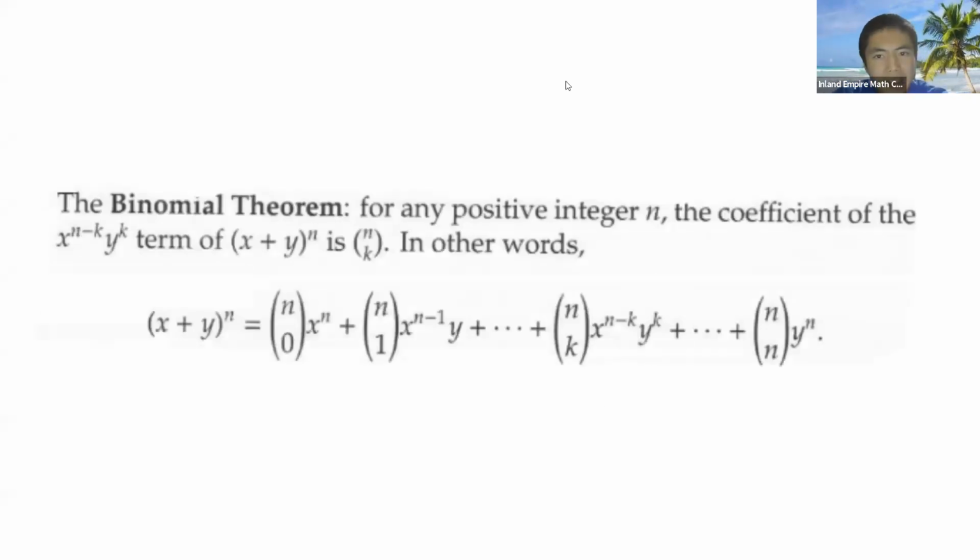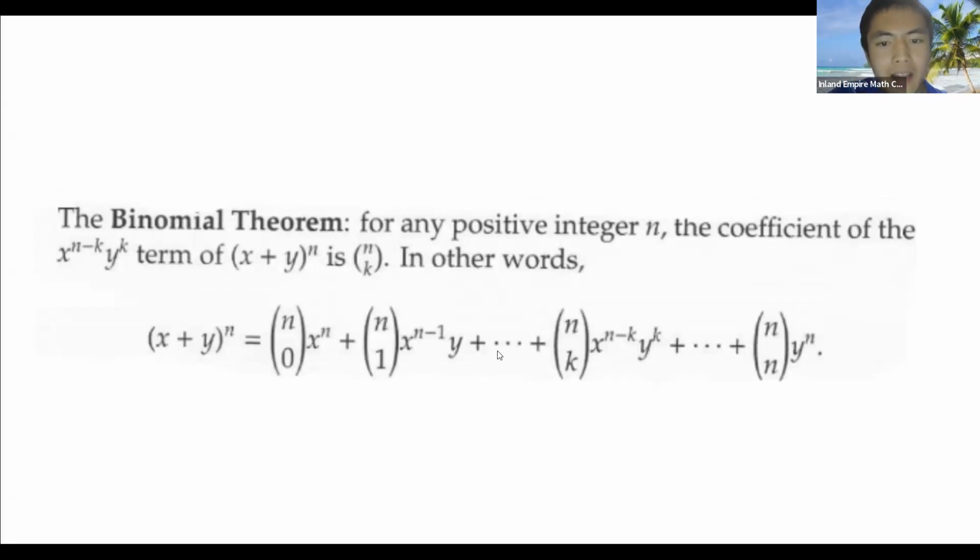Okay, so before we explore why this works, we will demonstrate that what we just noticed is the work of the binomial theorem. And that simply states for any positive integer n, the coefficient of the x to the n minus k times y to the k term of x plus y to the nth power is n choose k. In other words, x plus y to the nth power is this.